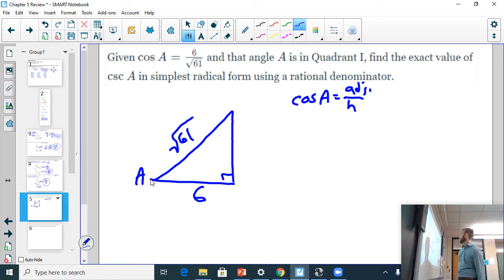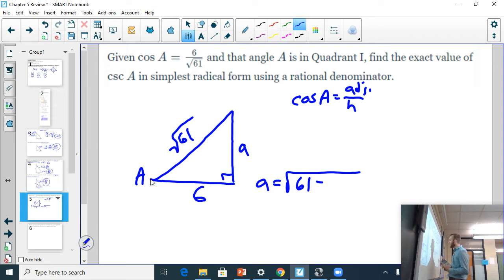And then it wants cosecant, which goes with sine, and to find the sine, we're going to need to find the opposite side. So Pythagorean theorem, right? This side, I'll call it little a. So a equals the square root of the square root of 61 squared, which is just going to be 61, minus 6 squared, which is 36. And that is going to be the square root of 25, which is just 5.